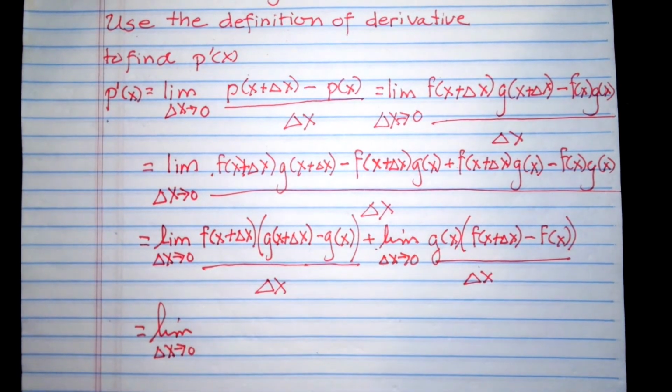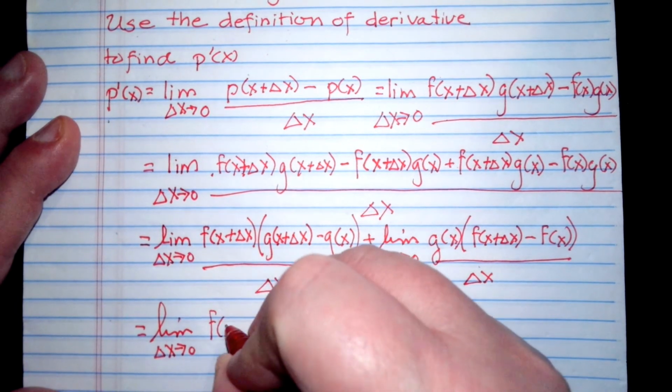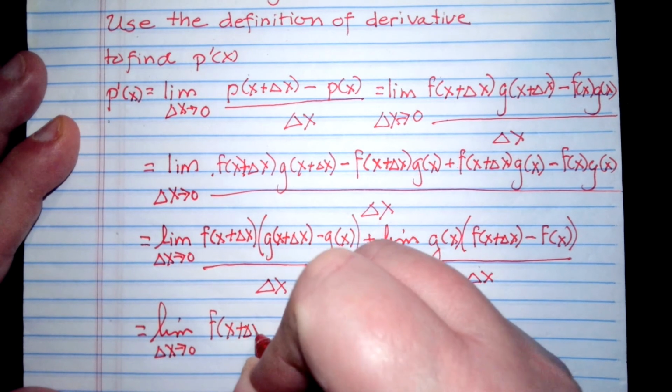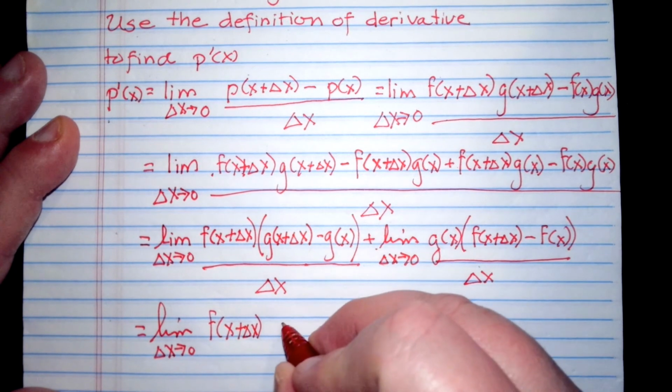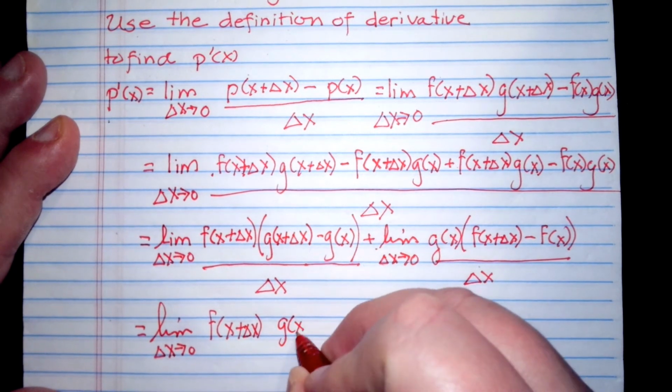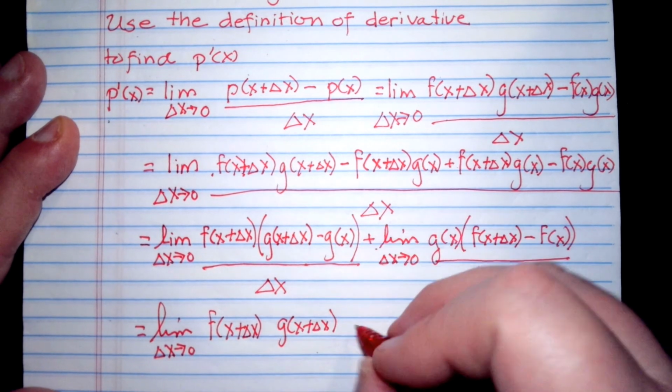I'm going to do some rewriting. I'm going to write this as f of x plus delta x, and then I'm going to only put this part over delta x. It is algebraically equivalent to what we started with, or to what we have up here.